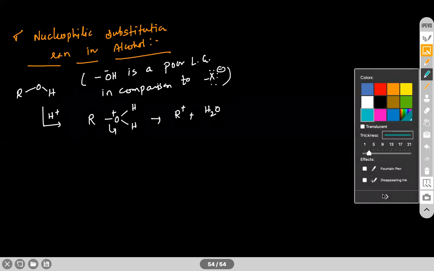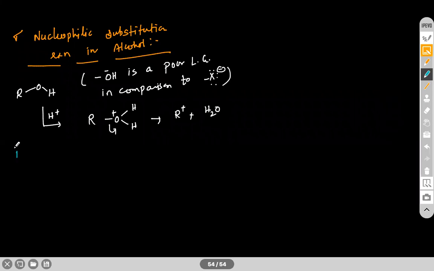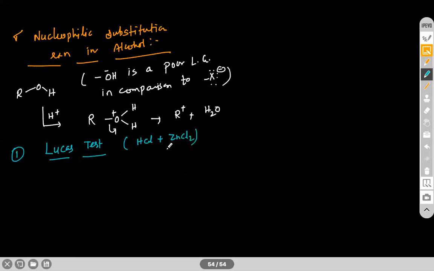Okay. Now, the first reaction of alcohol, you write down, is very important. We call it the Lucas test. Have you heard about it? For Lucas test, we use a reagent which we call Lucas reagent. That is ZnCl2 with concentrated HCl. This is Lucas reagent.